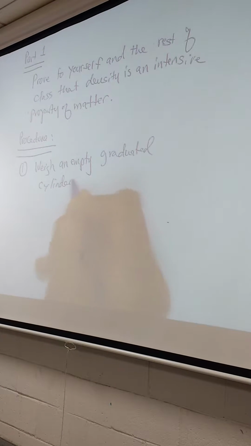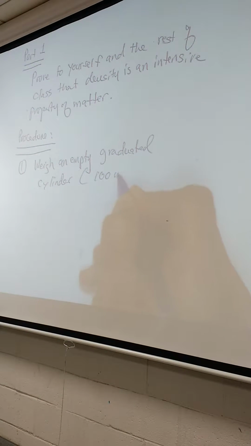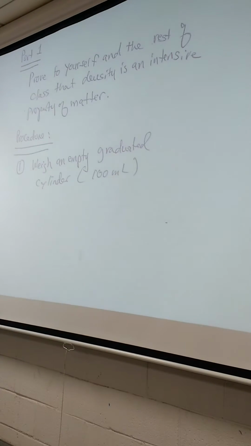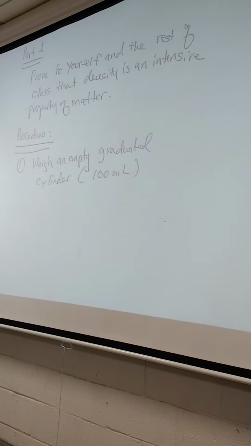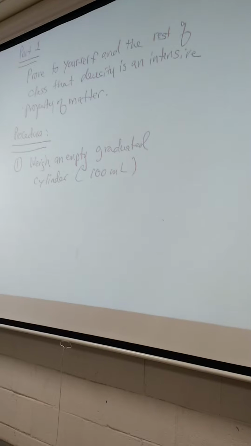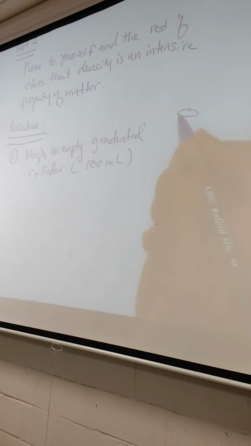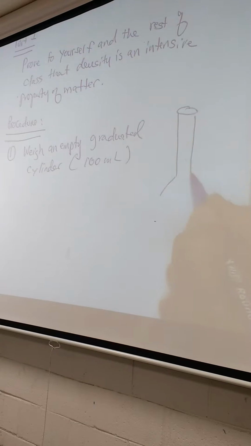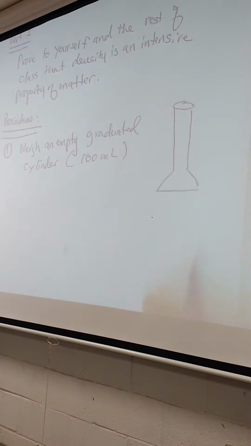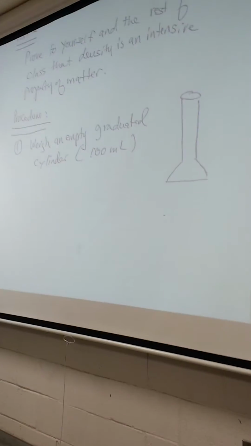Say we have about, say, a 100 mL graduated cylinder, correct? You weigh it empty. So this is the graduated cylinder here, and it is empty here. You weigh it empty, correct?